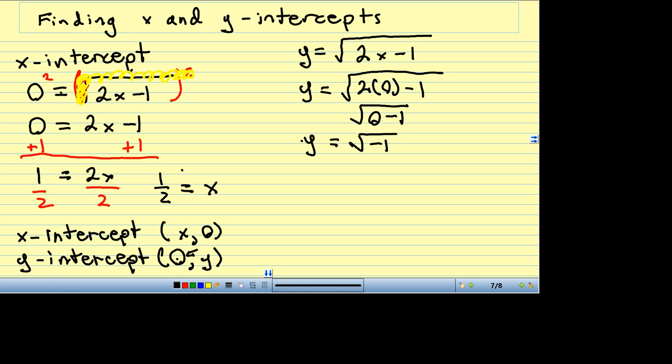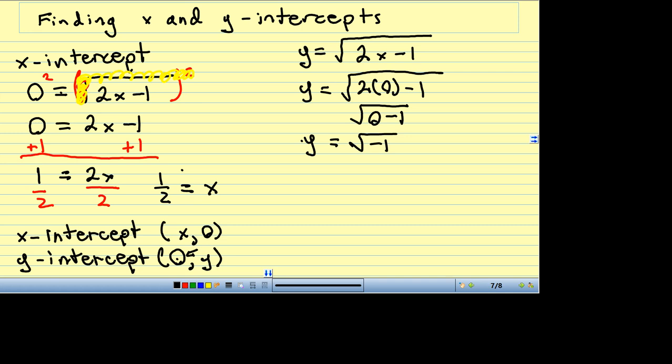Everybody knows you can't have a negative under a square root. Well, if you guys remember your Algebra 2, anytime you have a negative under a square root, it becomes imaginary. So what does it mean that it's imaginary? Well, it means that there's no real y-intercept.